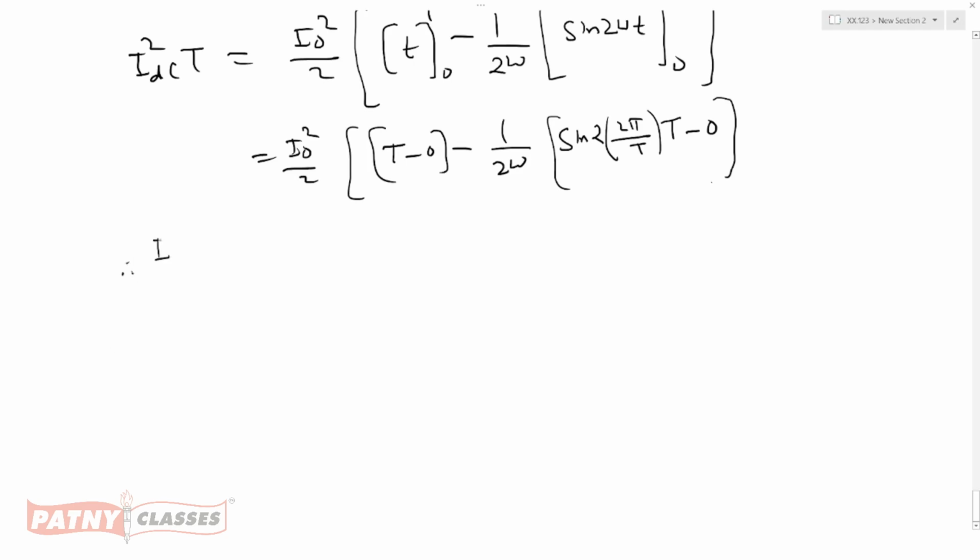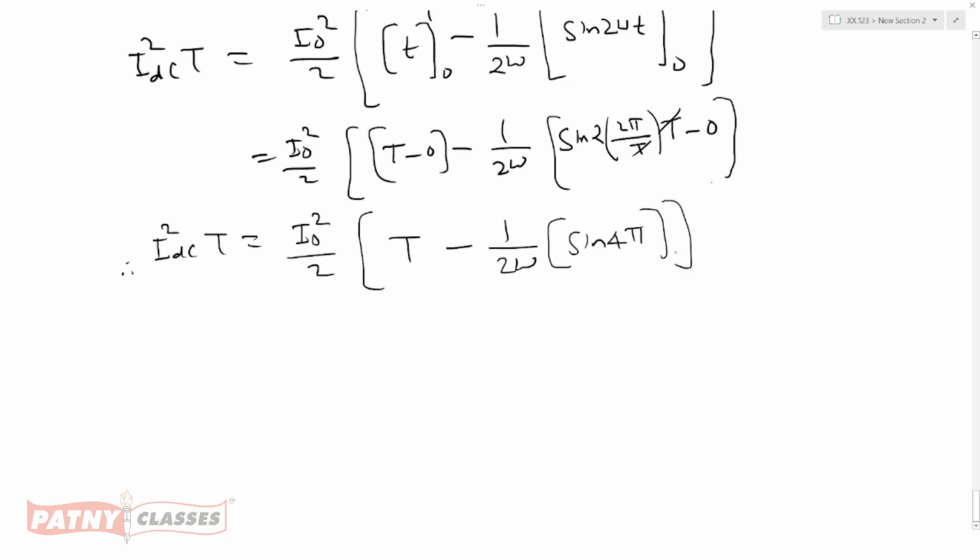Therefore, I dc square into T equals I naught square upon 2, here is capital T, minus 1 upon 2 omega, T gets cancelled here, sin 4 pi. But the value of sin 4 pi equals 0.